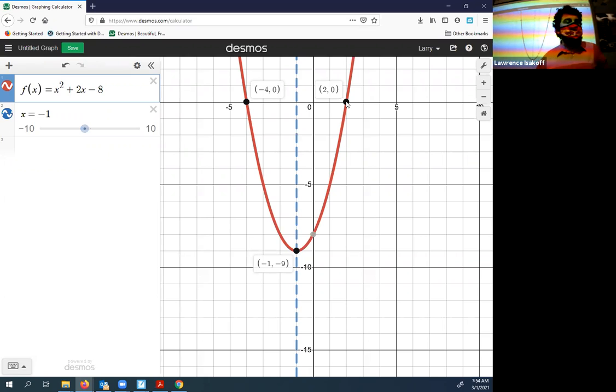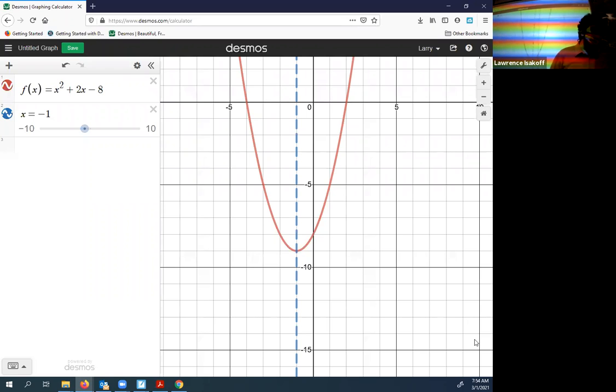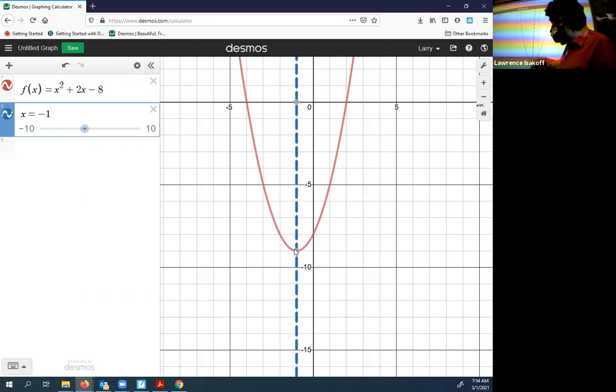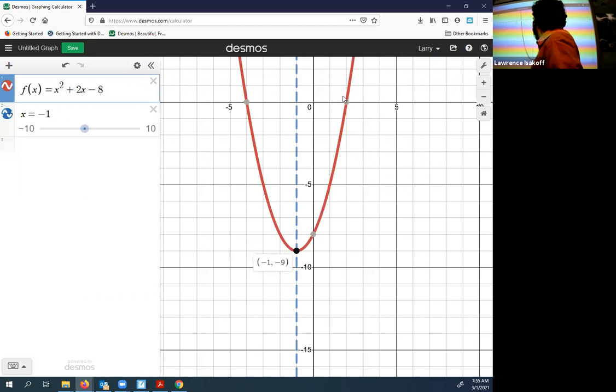If you want the x-intercepts, go to the x-axis and just click where it is. It's that easy. I know if you saw how to do it on the TI Inspires or TI 83s or 84s, it's a little more involved to get your x-intercepts. It's a little more involved to get your vertex. Desmos, it's just as easy as clicking on them.